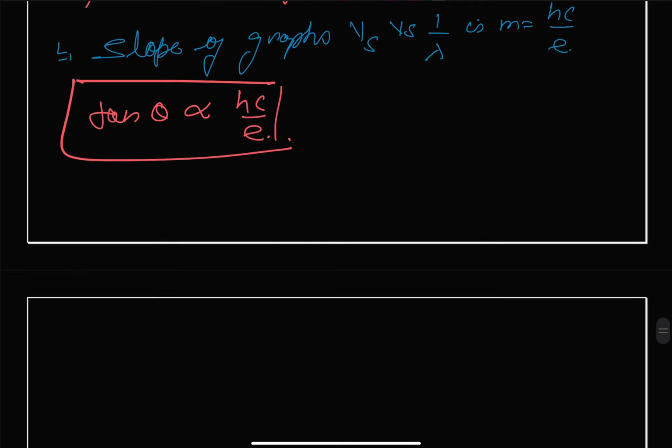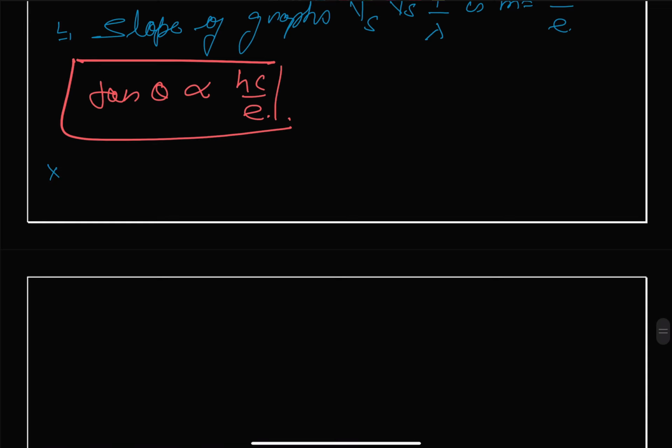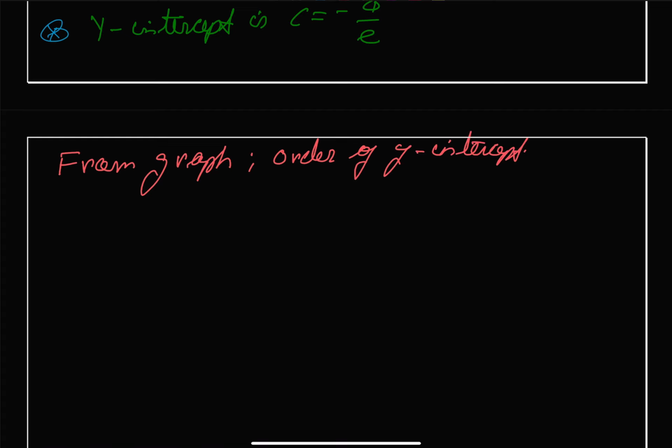So we are going to use that the y-intercept, that is c, is equal to minus phi upon E. And from the graph we can write the order of the y-intercept, only magnitude.